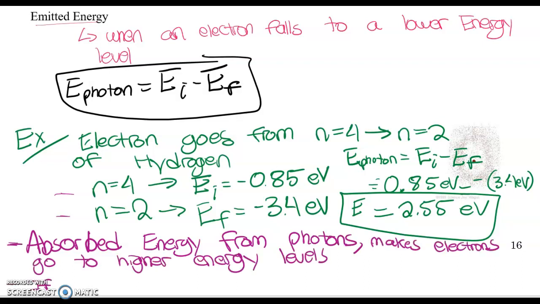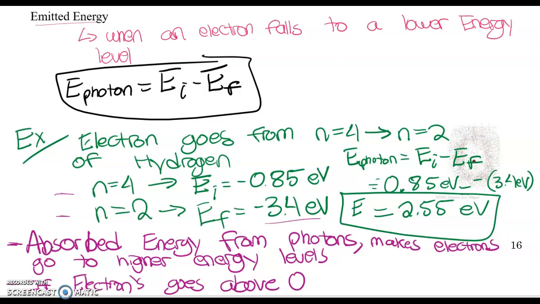And if the electron's energy goes above 0, so let's say it starts at that negative 3.4, n equals 2, and it absorbs more than 3.4 electron volts of energy, what happens?